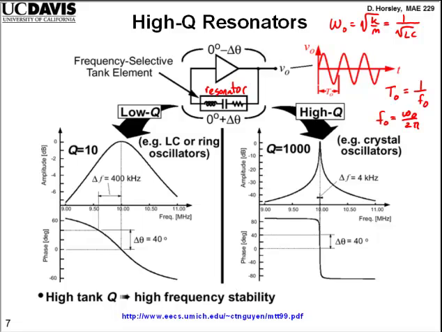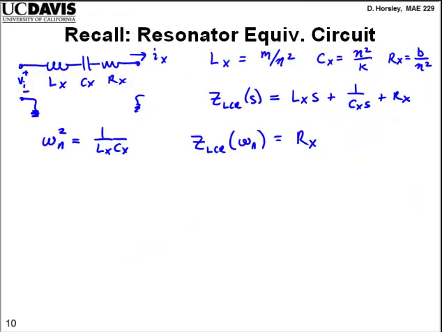It looks like a resistor, and that's exactly what this is saying here. So the phase angle of Z LCR at omega n is equal to 0 degrees, right? Because it just is a real number. It's not a complex number, and so there's no phase angle.